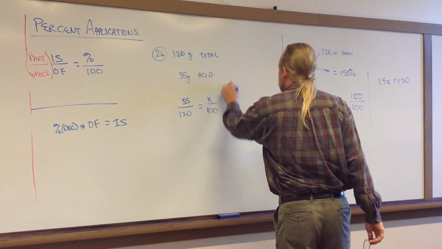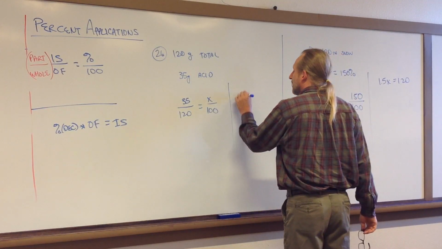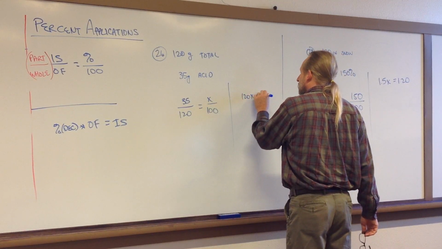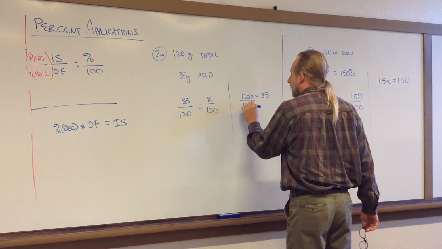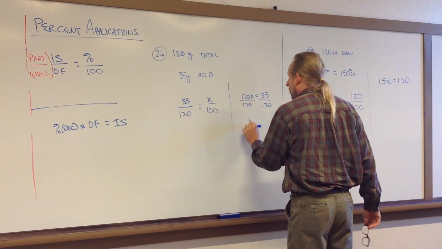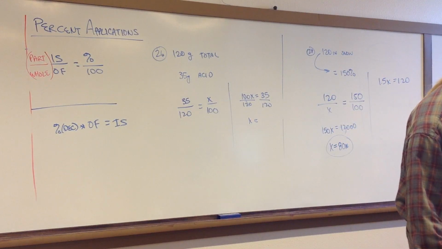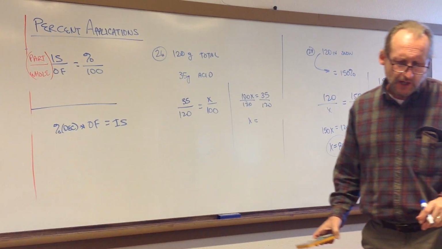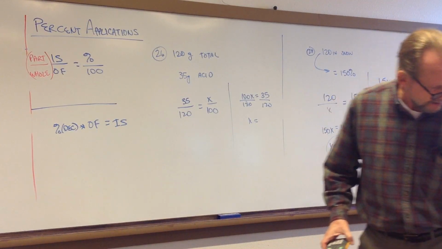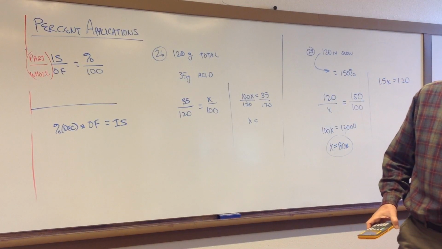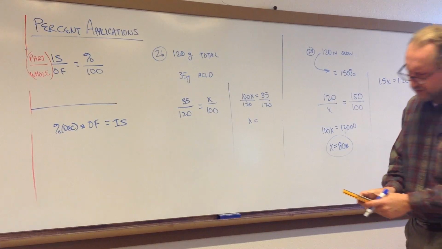Okay? If we were to set it up this way, it would say 120 times x is equal to 35. And so if we do 35 divided by 120, and this is one of those ones where the problem asks you to, or does it? Let's see. Oh yeah, to the nearest whole number.